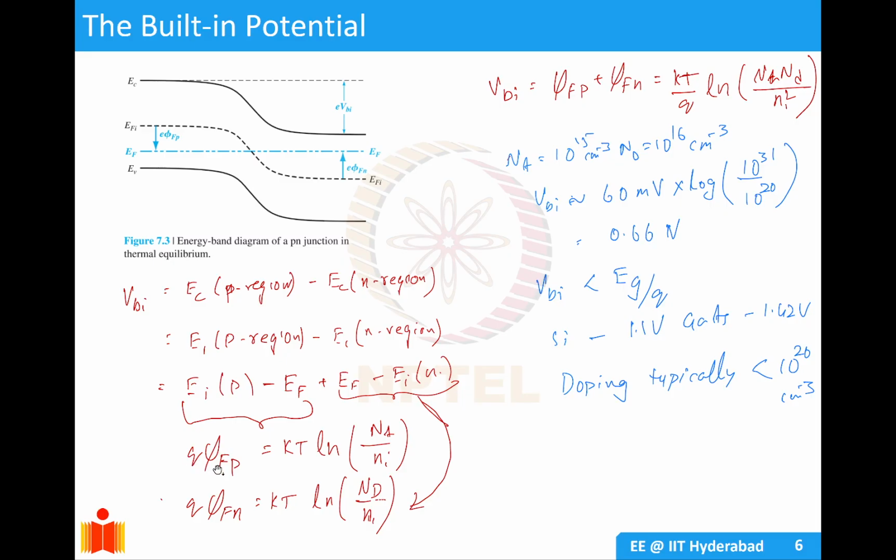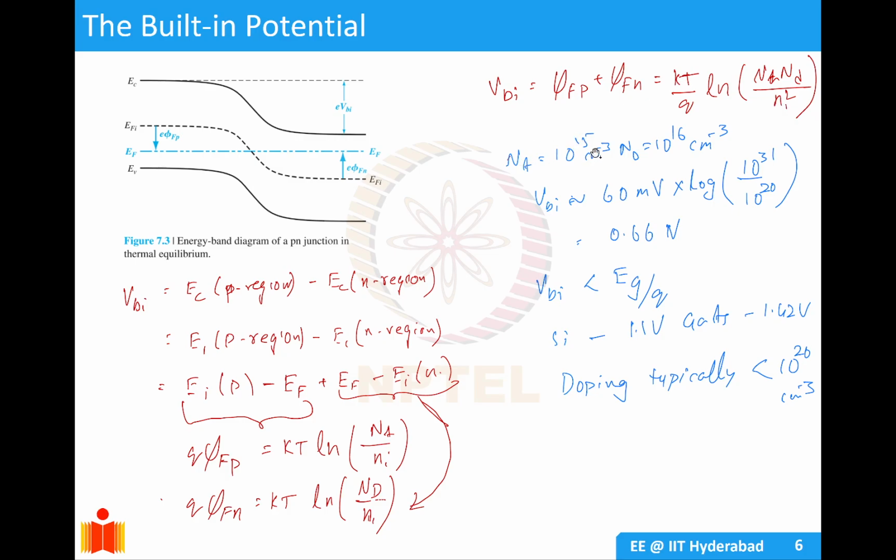And you know how to calculate phi Fp and phi Fn, which is kT ln Na by Ni and kT ln Nd by Ni. So you cancel the Fermi energy and you use the phi Fp and phi Fn, and that gives your VBI equals phi Fp plus phi Fn, which is kT by q ln Na Nd by Ni square.